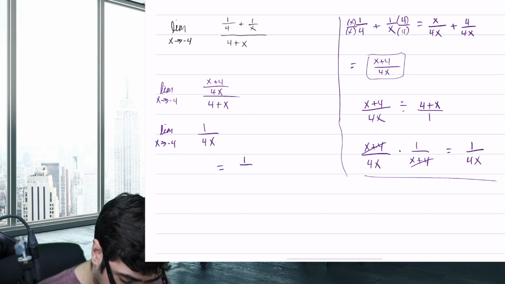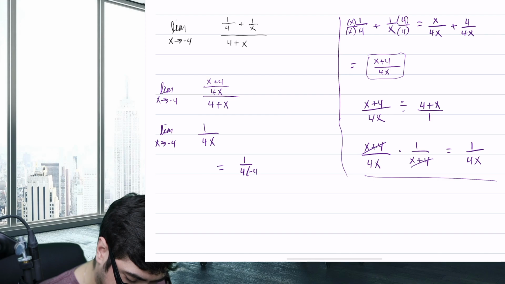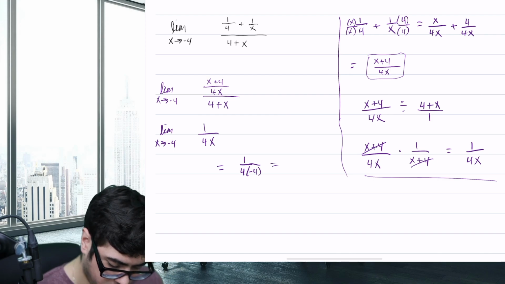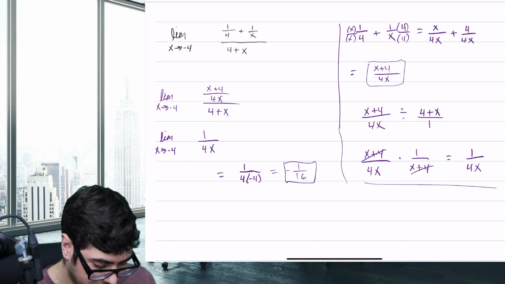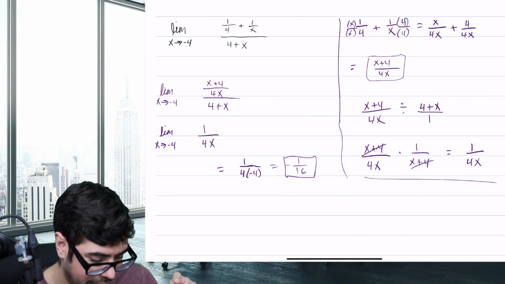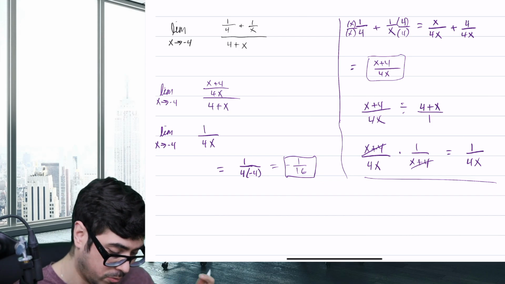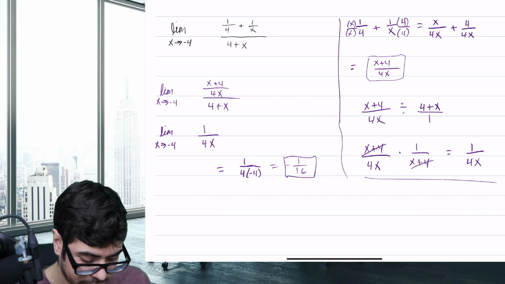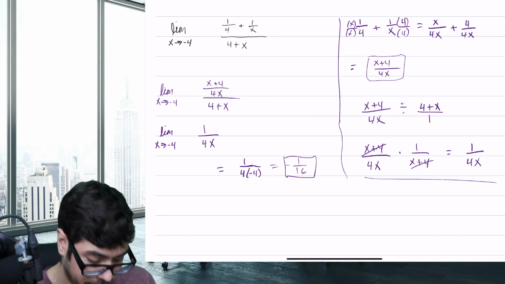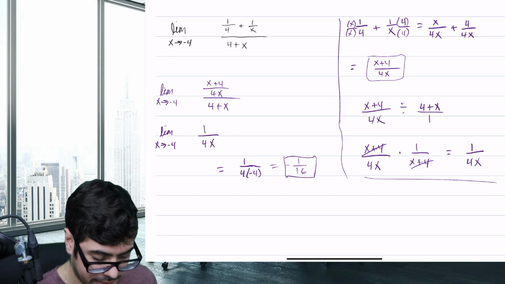So I get 1 over 4 times -4, which is -1/16. And so the answer we're trying to find is that the limit as x approaches -4 of 1 over 4 plus 1 over x, all over the quantity 4 plus x, is -1/16.